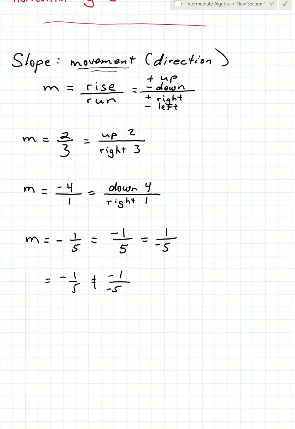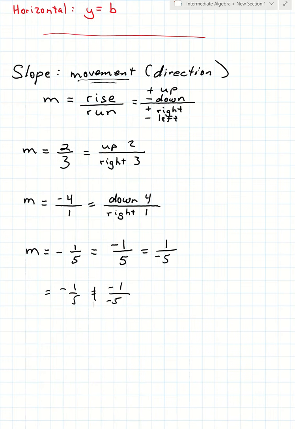Another formula for slope. The slope is the rise over the run. That's one way people think of it, and this is the direction in terms of how we move. Now, the formula that we use to calculate the slope is y sub 2 minus y sub 1 divided by x sub 2 minus x sub 1.